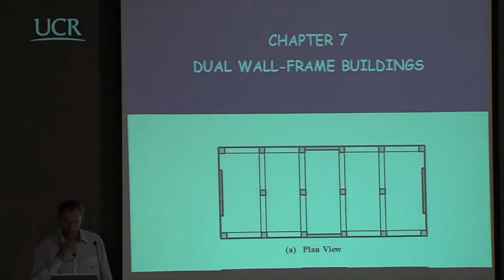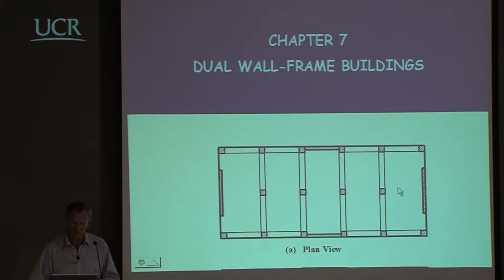So this very brief section talks about dual wall frame buildings, which are of course common, where we have perhaps this situation where we have walls at two ends of the building and parallel frames between them. So we have to distribute the seismic forces and the resisting forces between these walls and these frames.